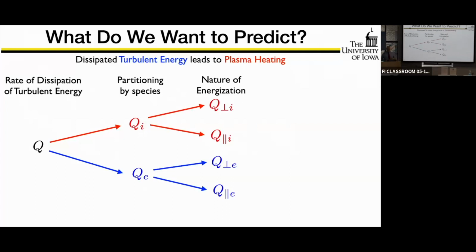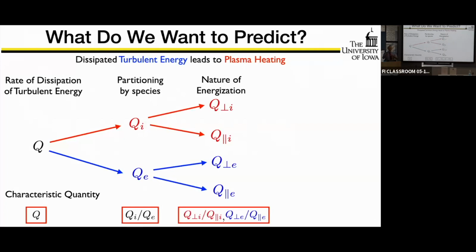And so if we want to define some quantities that we need to develop from this model, we want to develop, of course, the total rate of turbulent dissipated energy. We want to look at, say, the ratio of ion to electron dissipation. And then we want to look at the anisotropy of that dissipation for each of the species.